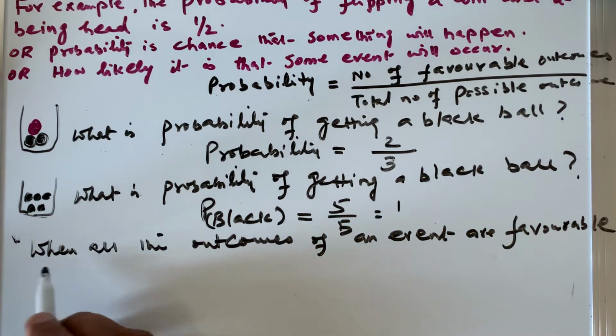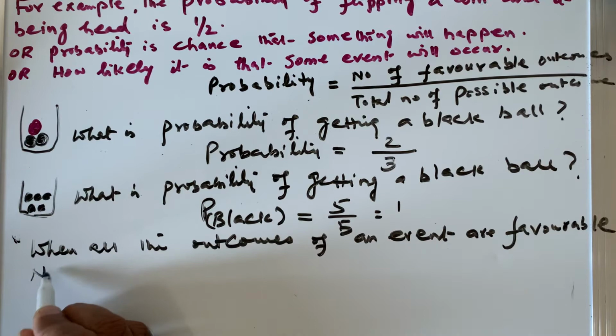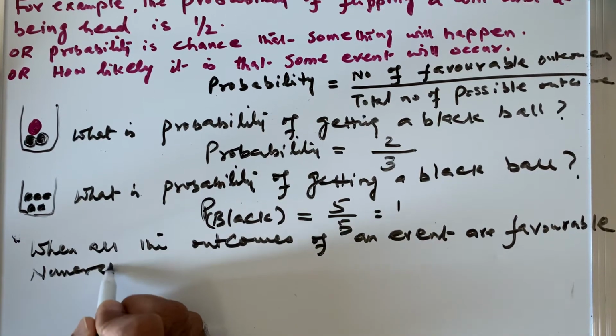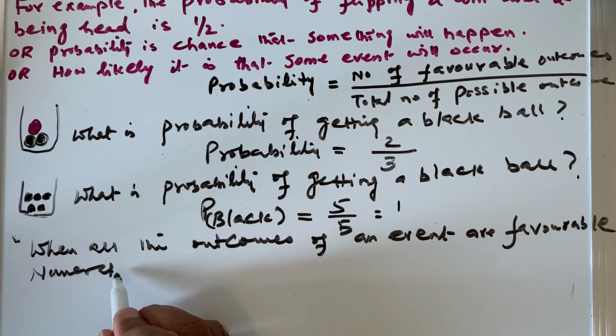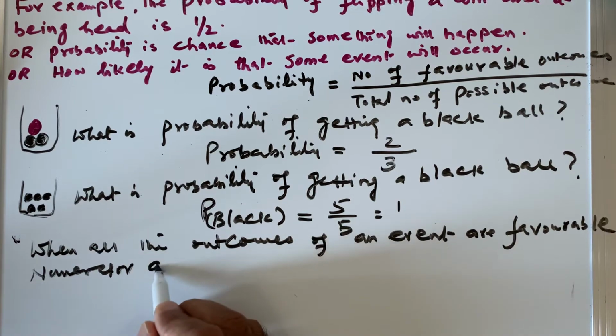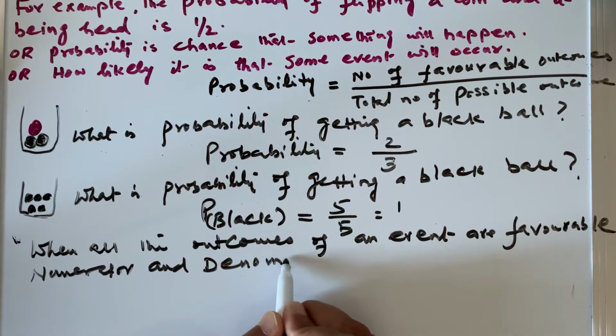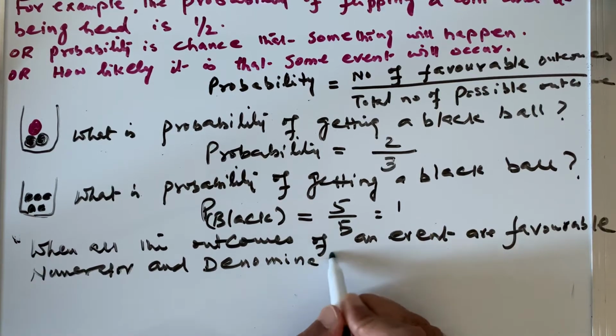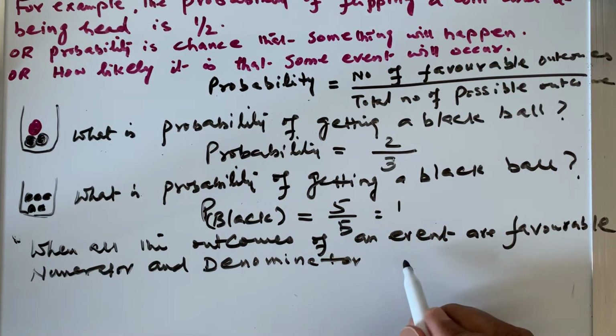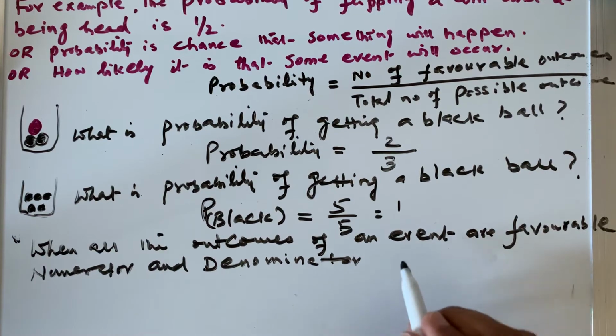The numerator, which is the favorable outcomes, and the denominator are equal.